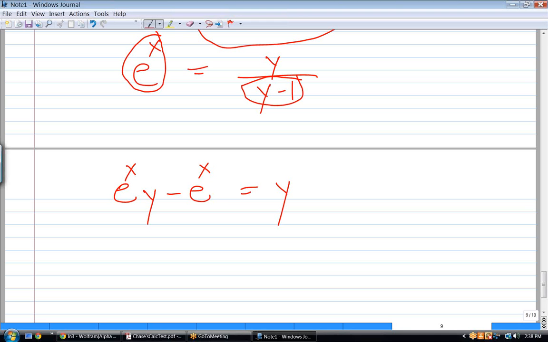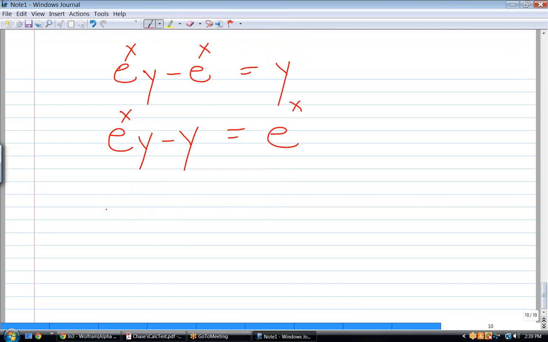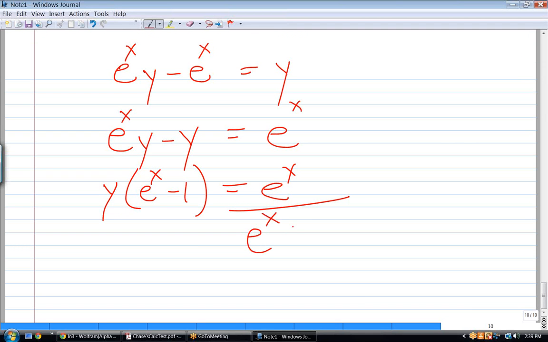But what if I gather all my terms that have y in them and put everything else on the other side? Okay. Now I can factor out the y. And y ends up being equal to e to the x minus 1, and there's your inverse function.